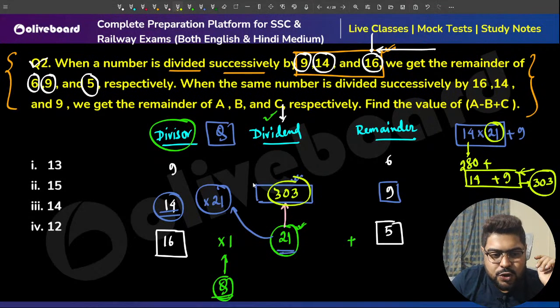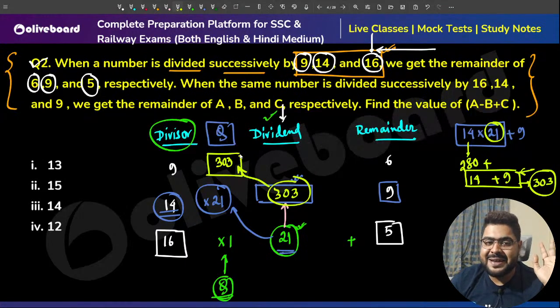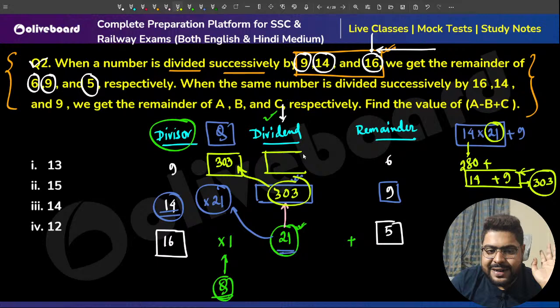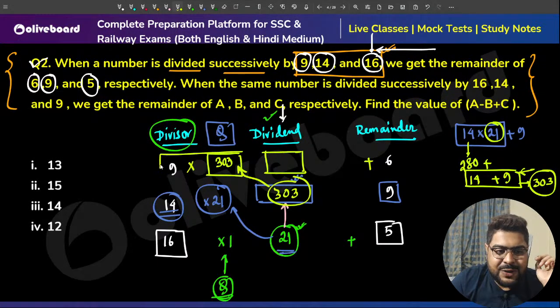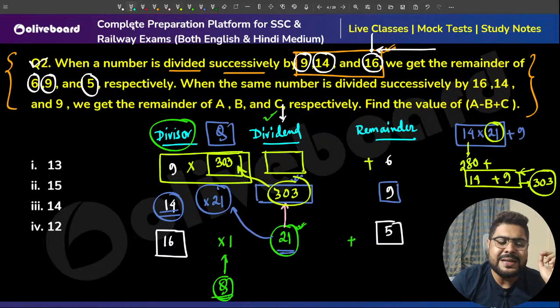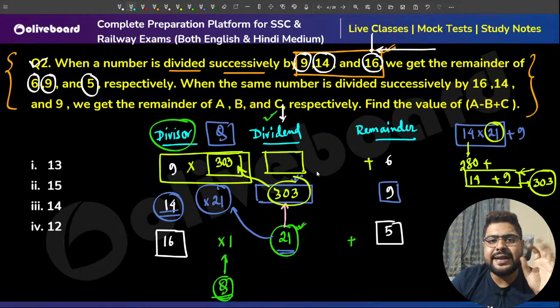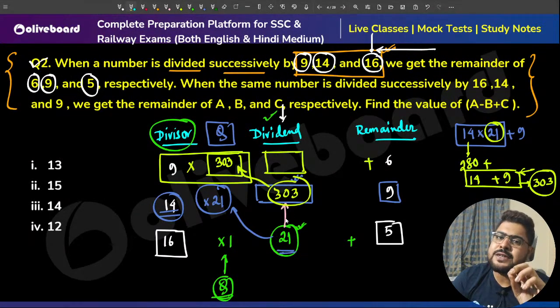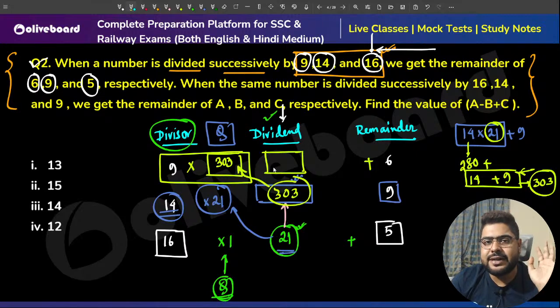That means my quotient once again will become 303. We are only doing half the part. This is the best question. Again, the dividend will be this into this plus this. So 9 into 303. It's very simple. 9 3s are 27. So 9 into 303, 300 will be 2700, and 9 3s are again 27.